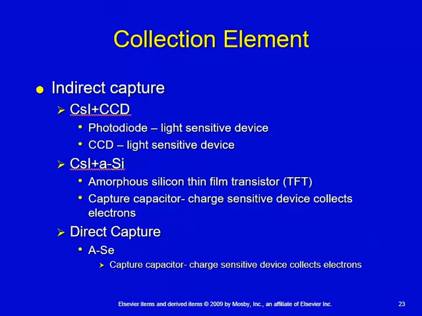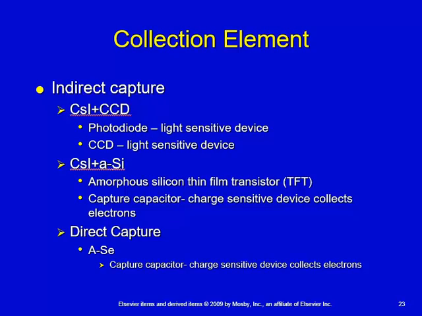So then we finally have the collection element. And then the indirect capture, what we have with the cesium iodide CCD, is a photodiode. That's just a light sensitive device, and the charge coupled device. And the cesium iodide with the amorphous selenium thin film transistor is your collection element. I think in the previous slide I said it was the coupling element, but it's not.